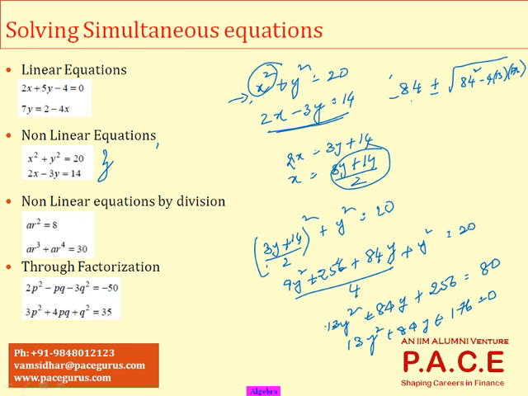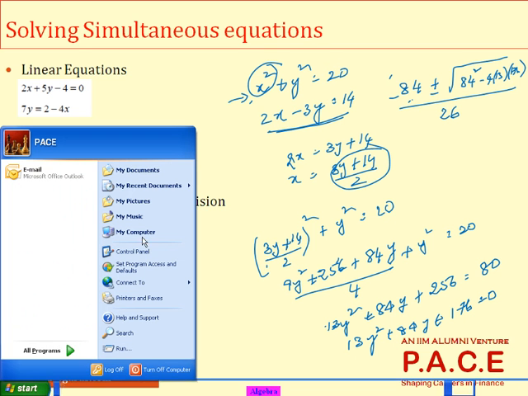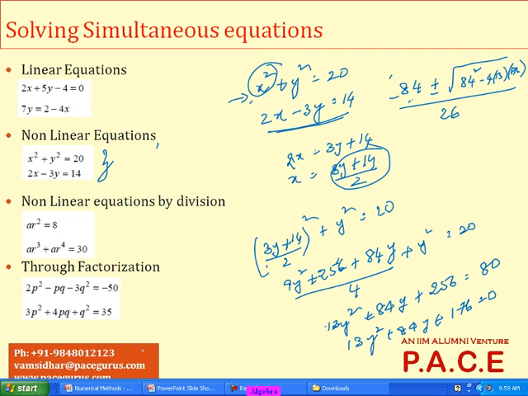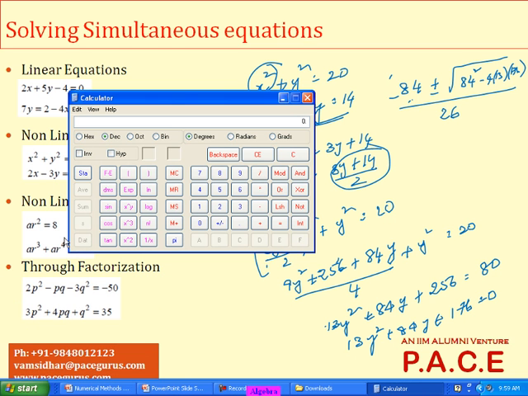Because you will be having your calculators, even this big number is not a problem. So use your calculator to simplify the process. 84 squared minus, you start your brackets, 4 into 13 into 176. Close your bracket.